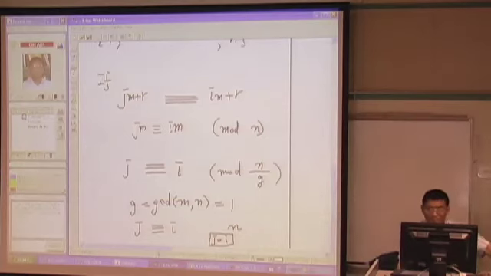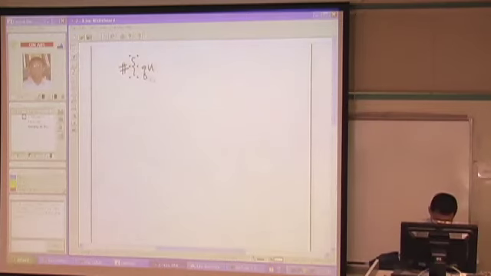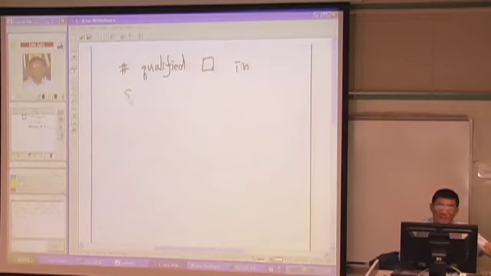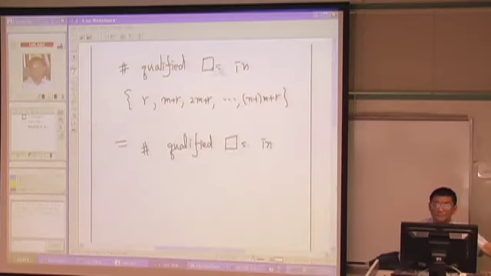Because of this reason, the number of qualified boxes inside the set, R, M plus R, 2M plus R, all the way up to (M minus 1)M plus R, is equal to the number of qualified boxes inside 1 through N. Then, by definition, the number of qualified boxes inside N is called phi of N.